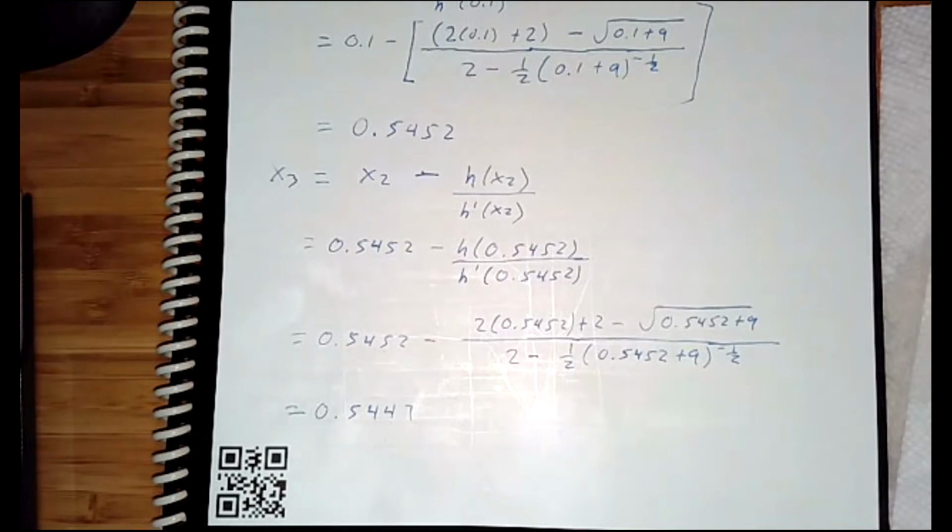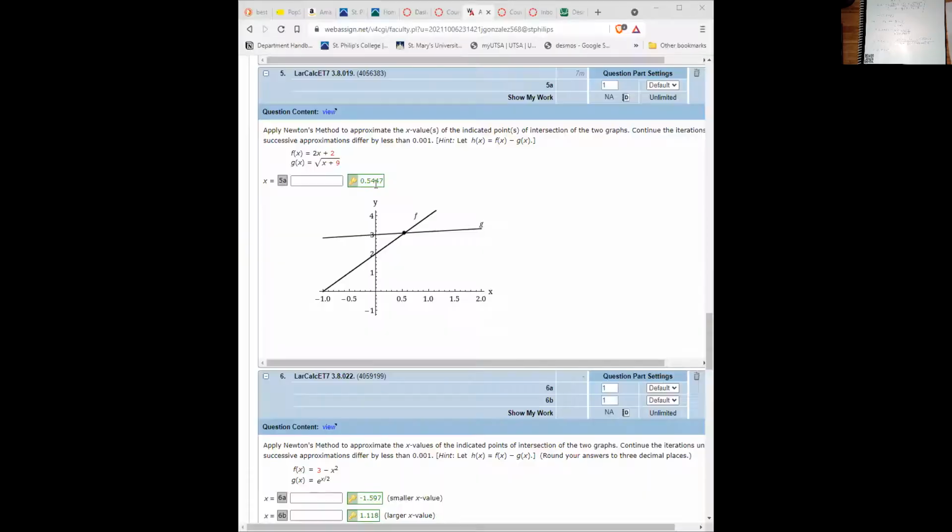So at that point, we would stop. That's how they got this. So they did two iterations. They found X3 and they noticed, oh, it's not changing that much. So we're good. Looks like their zero is right there.